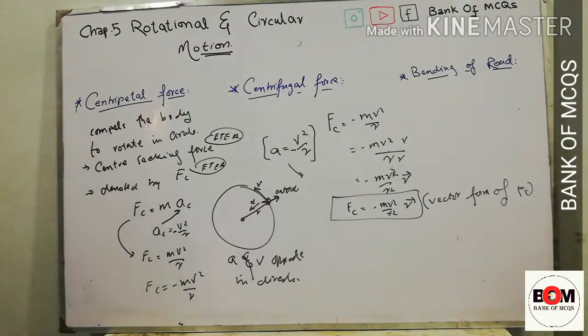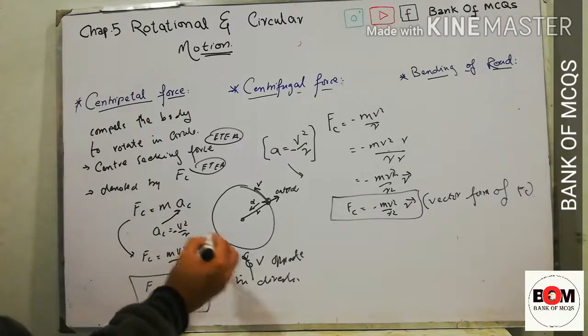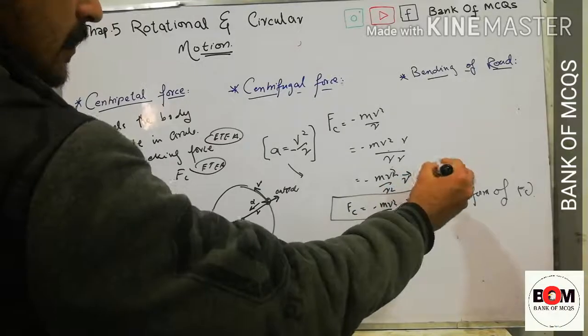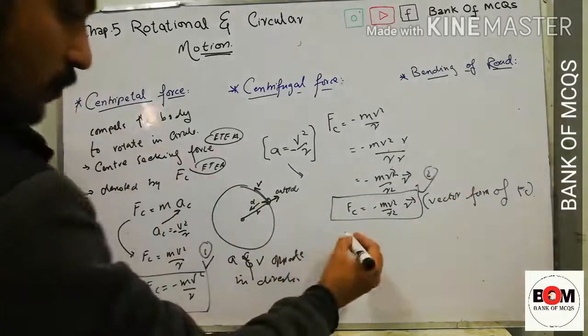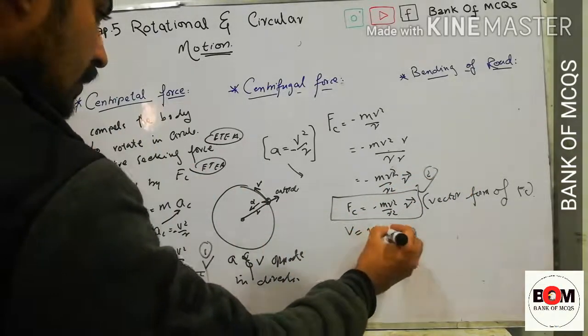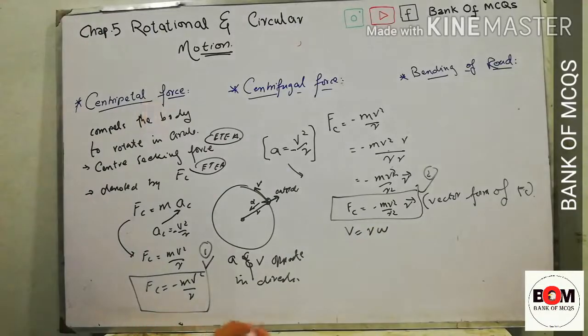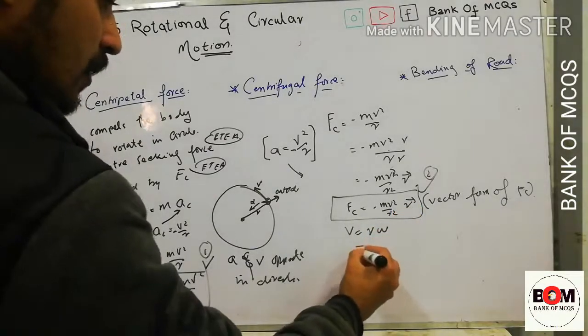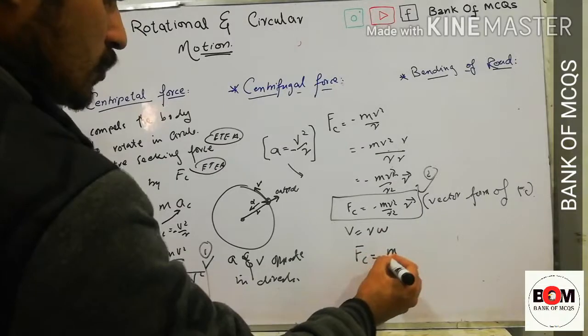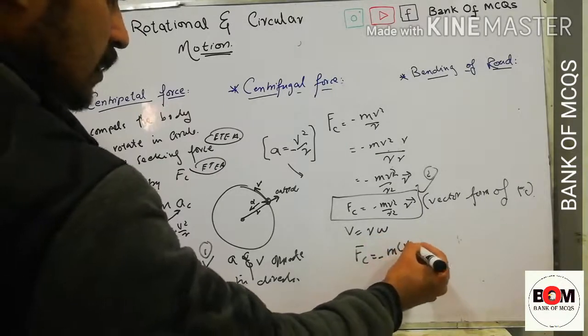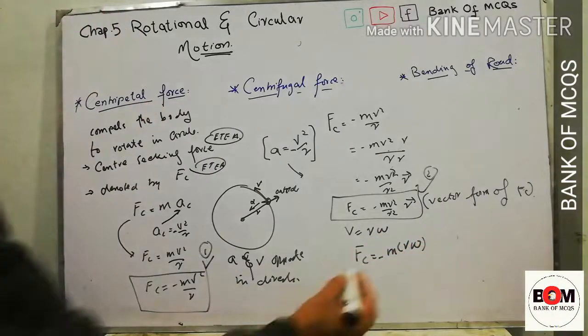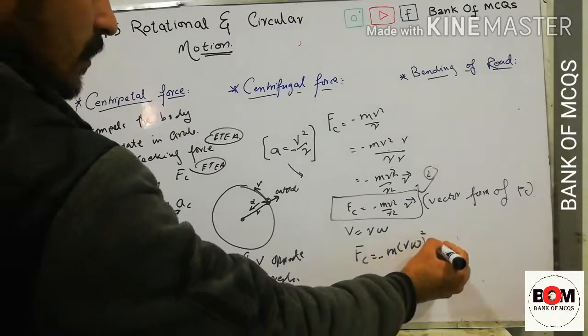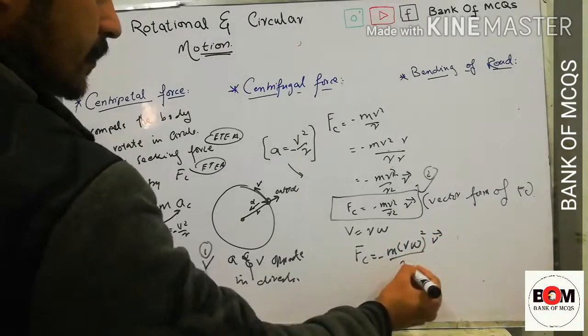The third is, this was the first equation of centripetal force. This is the second equation. We can also write, as we know that v is equal to r omega. So if we expand the vector form as Fc is equal to m v square, instead of v square I replace it by r omega square.